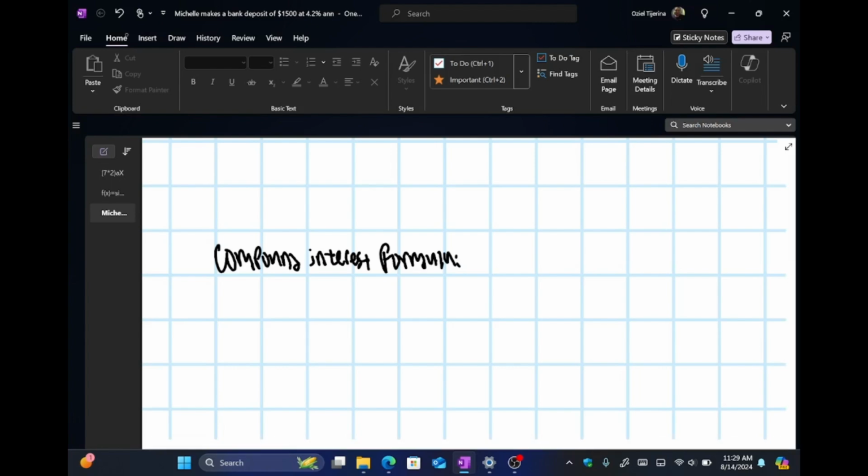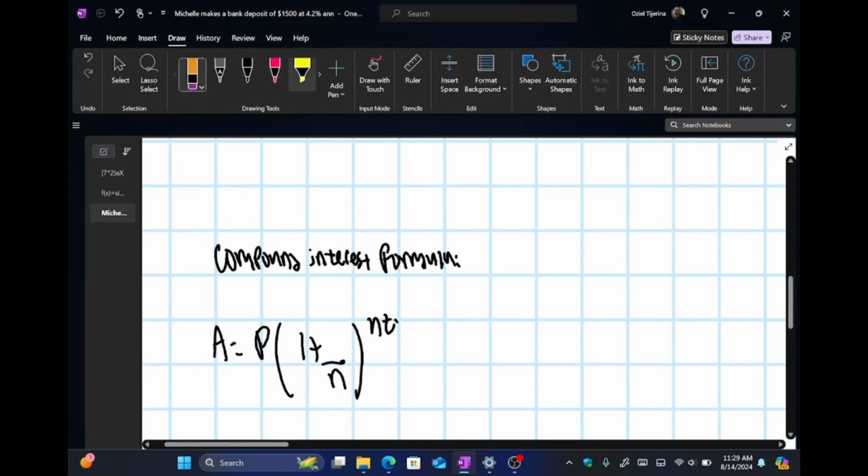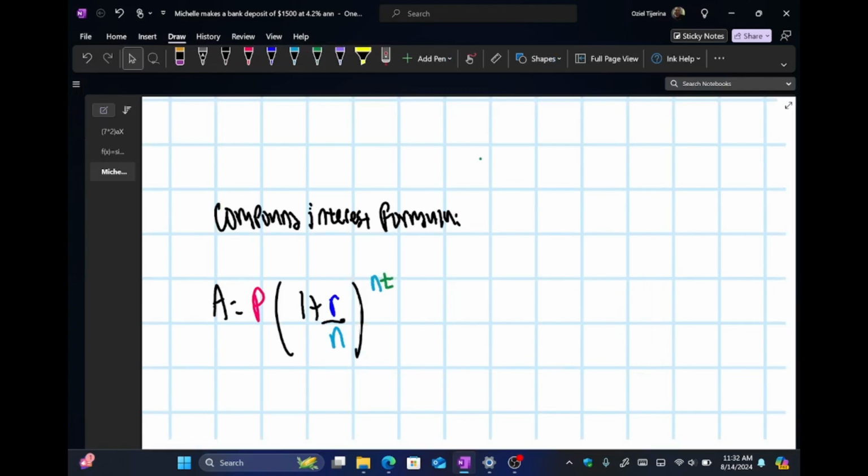It is A equals P times (1 plus R over N) to the NT power. I want to go ahead and color code these in different colors, so give me a second. Alright, I went ahead and color coded it.